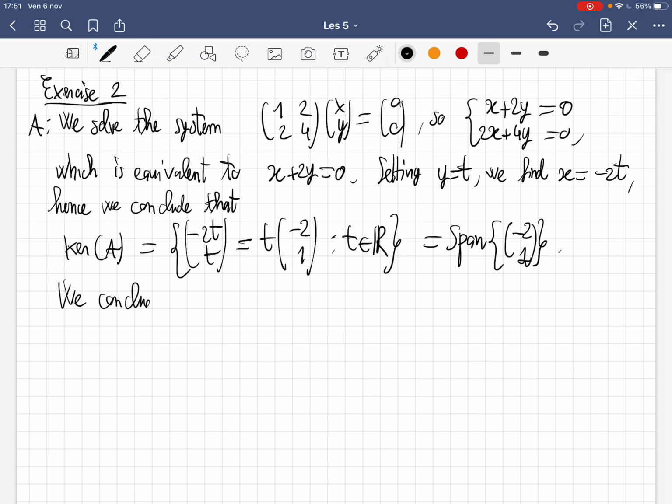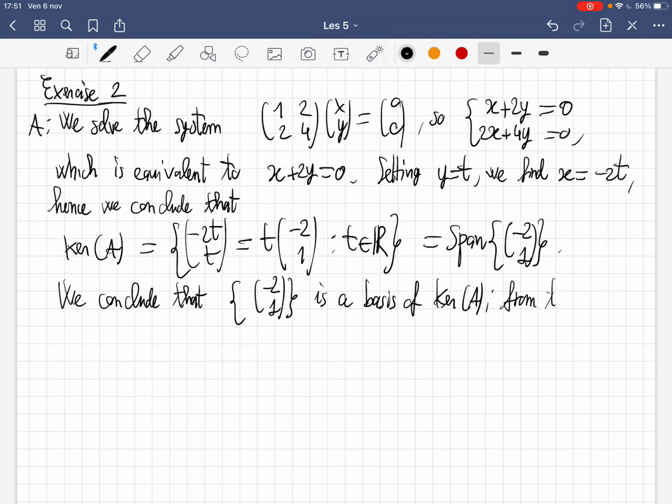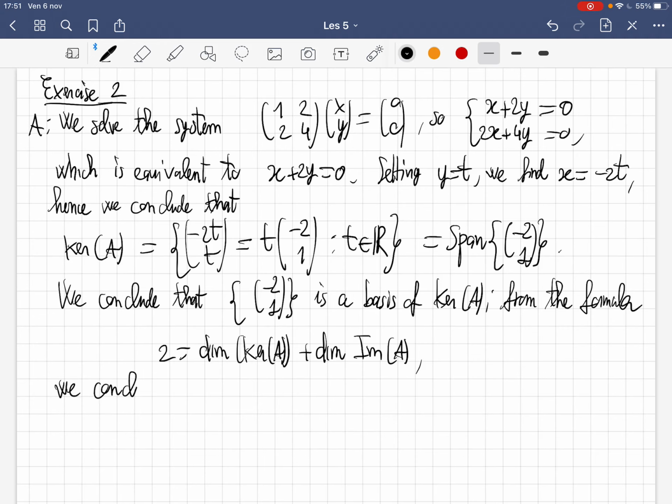We conclude that this is a basis. From the formula, the dimension of the image is equal to 1.